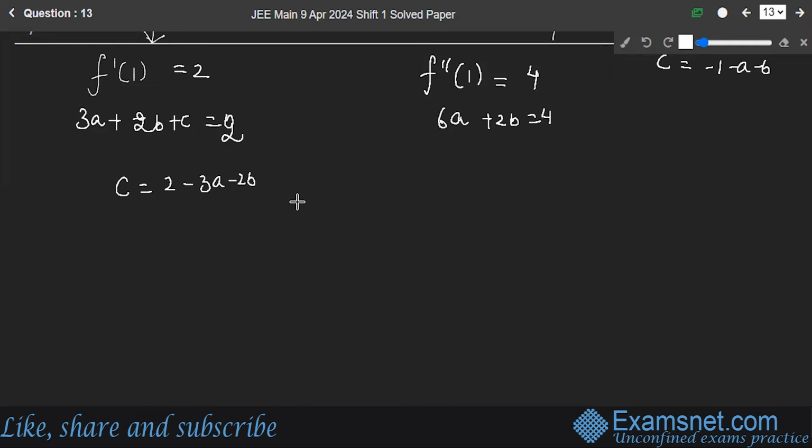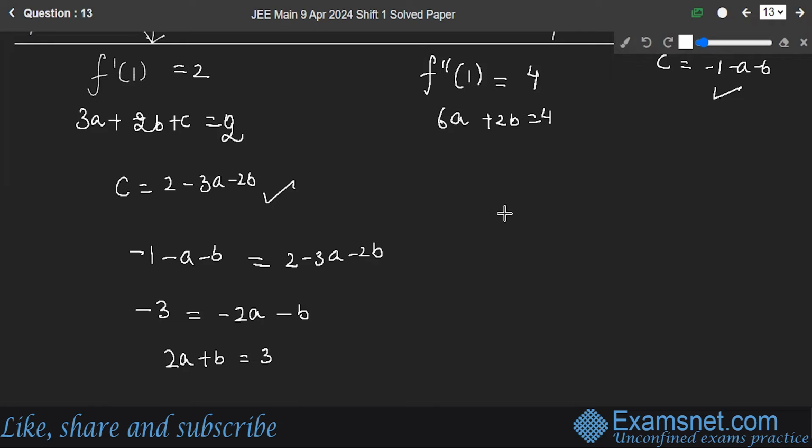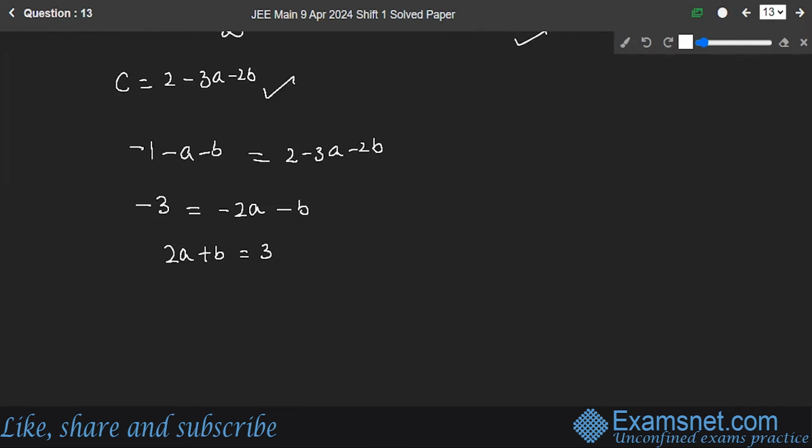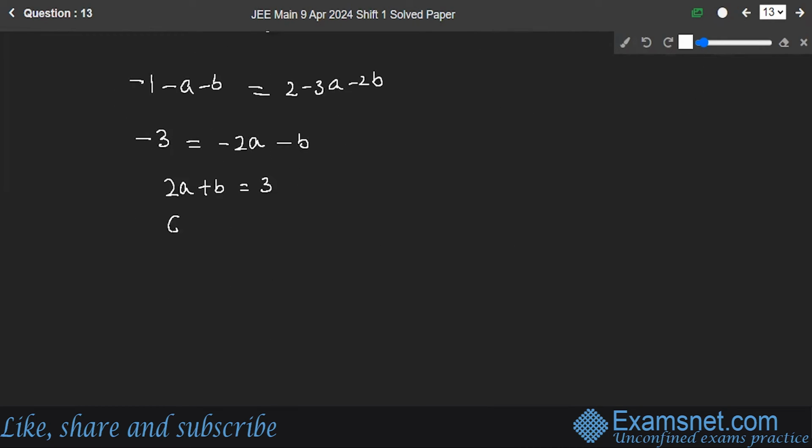And that means from these two equations, I have minus 1 minus a minus b is equal to 2 minus 3a minus 2b. Or you have minus 3 is equal to minus 2a minus b. Okay, let's pick up these two. So you have 2a plus b is equal to 3. And from here you have 6a plus 2b is equal to 4.